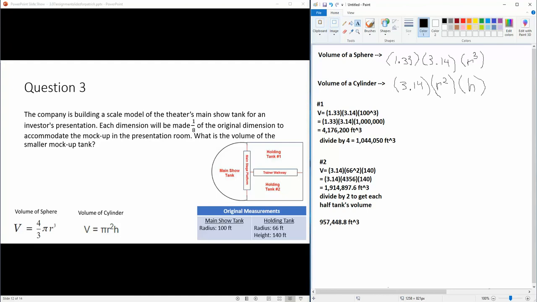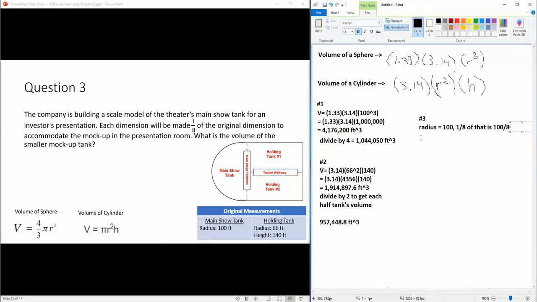Let me go ahead and pause here for a sec. So in the first one, when it asks us about dimensions, the radius was 100. That was our only dimension because it's the volume of a sphere. Remember, if you read this carefully, they're only talking about the main show tank. So 1/8 of that would give us 12.5.